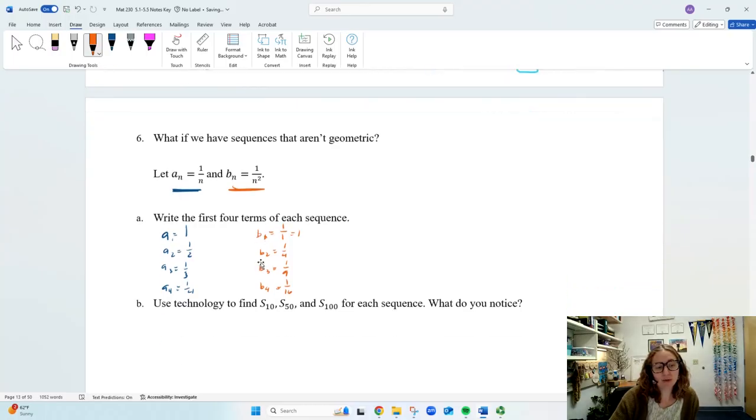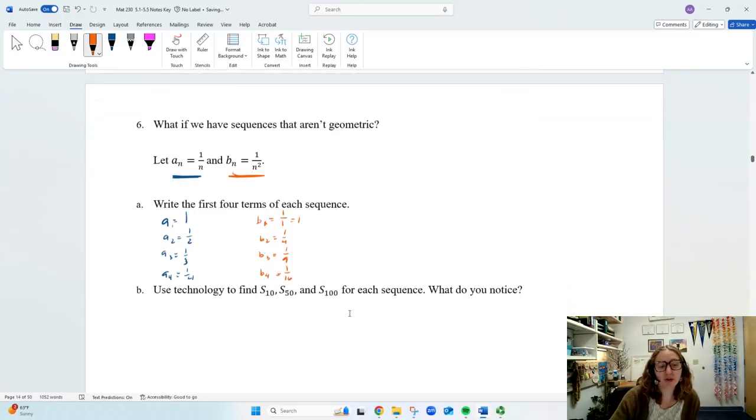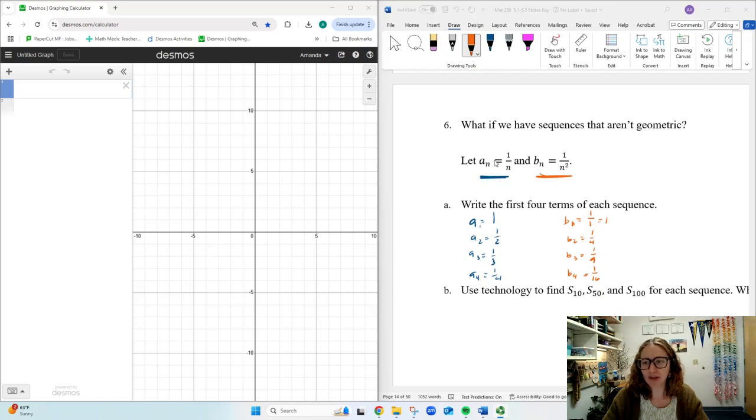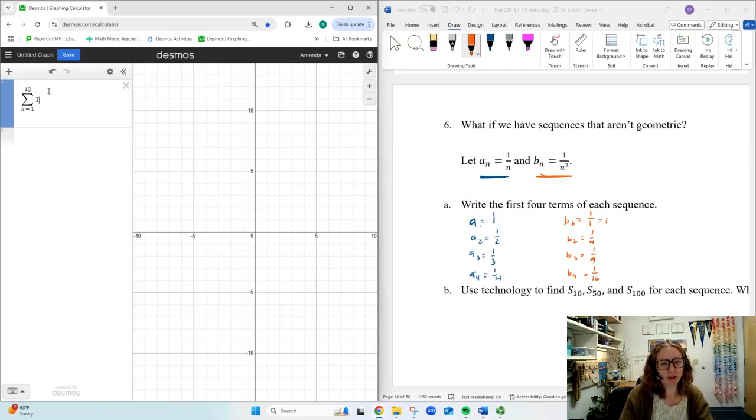I'm going to open up Desmos, and we're going to look at our partial sums for each of those sequences. I'm going to start with my 1/n value, and there's a couple ways you can do this. You can type in sum, and it will actually come up with that value. We're just going to look at the sums from 1 to 10 of this sequence, 1/n.